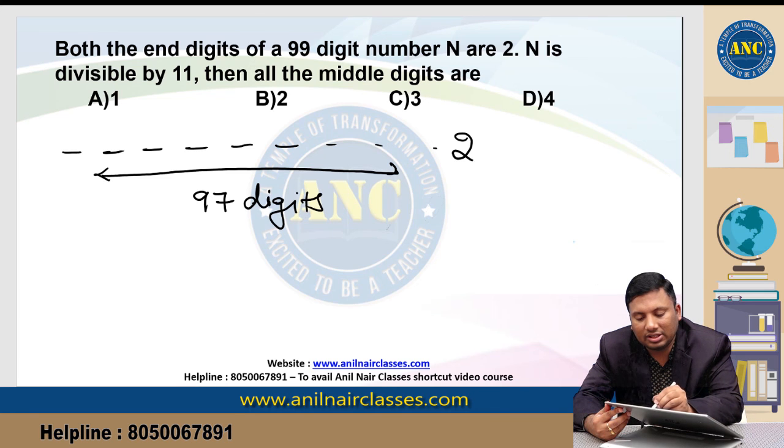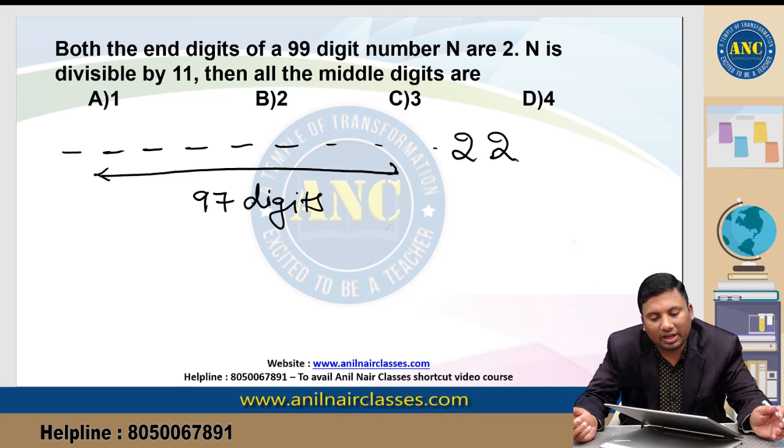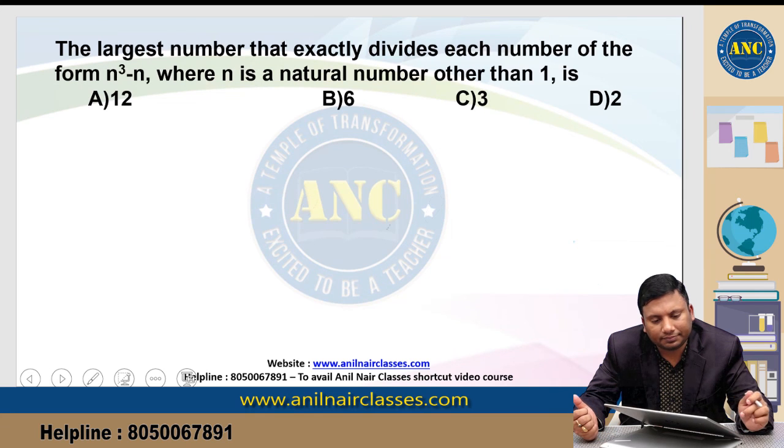But the end digits are both 2. If n is divisible by 11, then all the middle digits are... We will discuss this question a little later.